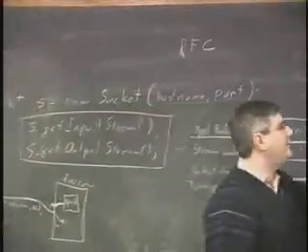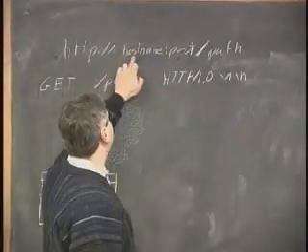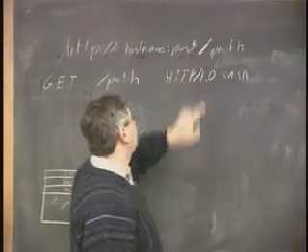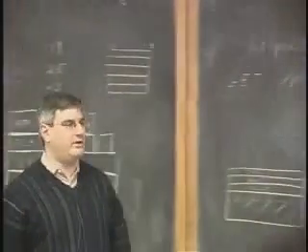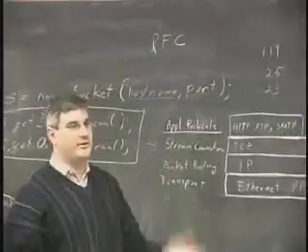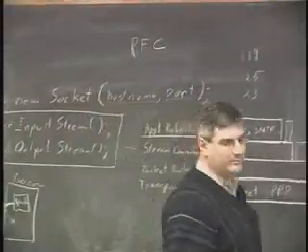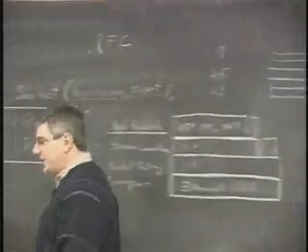So if I did GET slash on arsdigita.com port 80, I would get the home page of Ars Digita. And granted, it would be in raw HTML. You'd see all the angle brackets. You wouldn't have it nicely displayed, but that's what that little program does.